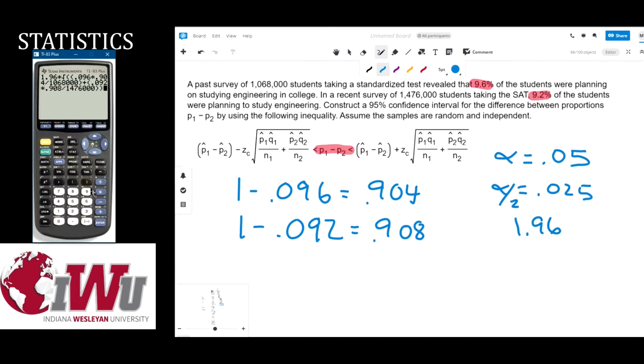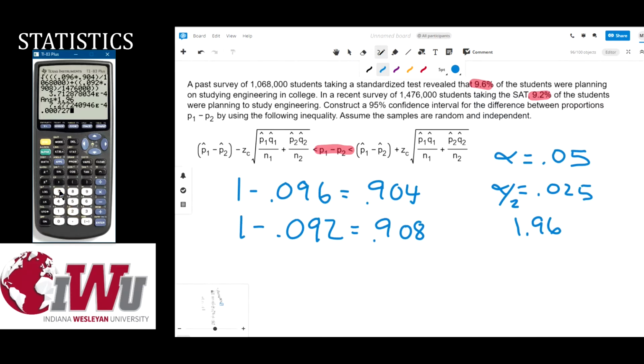Close those up. All right, so that's going to get us this whole entire side here. So let's do it. I know the answer looks weird, but this is the same thing as saying about 0.0000727. So we'll leave it at that.